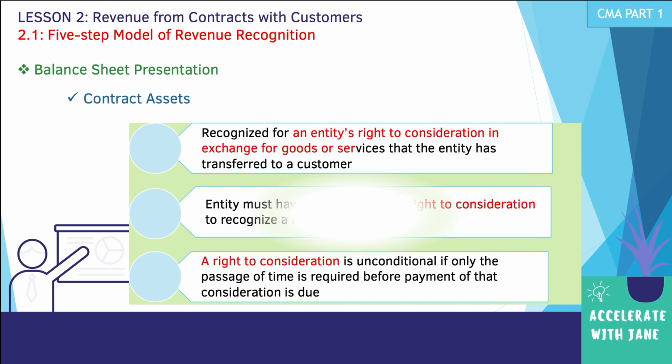Now, when we say contract assets, these are recognized for an entity's right to consideration in exchange for goods or services that the entity has transferred to the customer. Here, this is the opposite. So, for example, if a seller has already transferred the goods or services to the customer and the seller has not yet received the payment, therefore the seller has the right to collect the consideration from the customer. And this is what we call the contract asset of the seller.